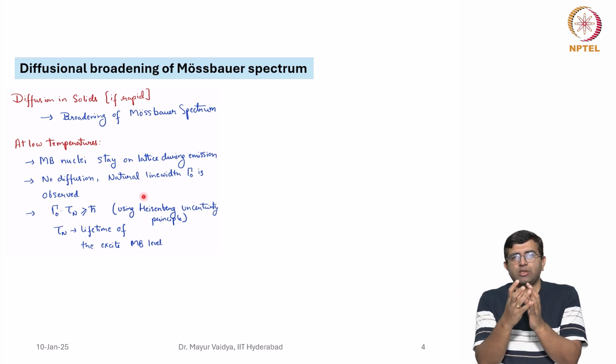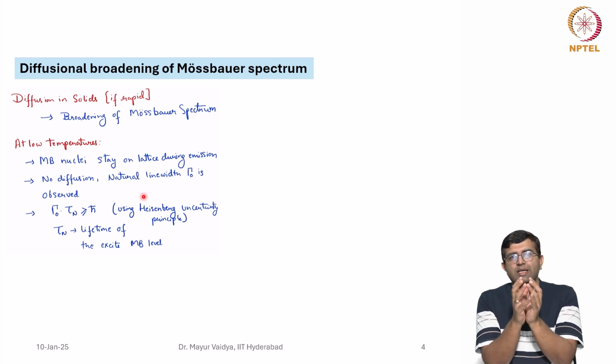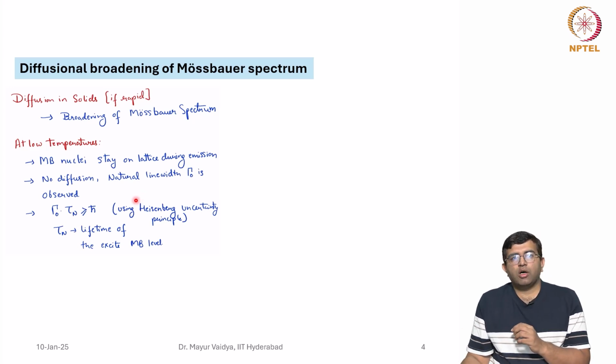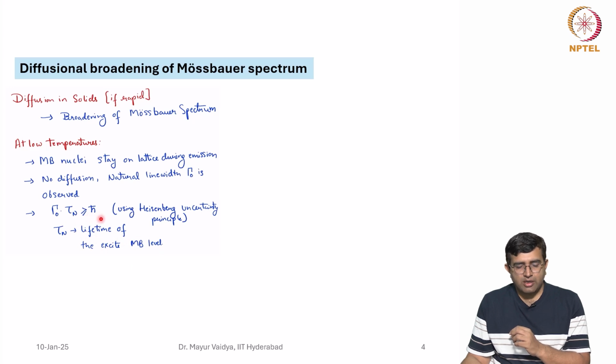During the emission the nucleus stays on its lattice position because the diffusion is very minimal. So, that product gamma naught into tau n, where tau n is the lifetime of the excited MB level, is greater than or equal to h bar.